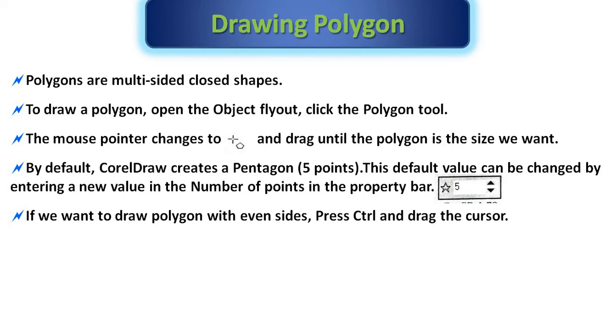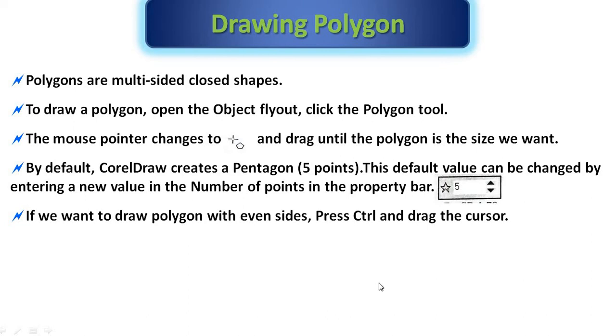By default, CorelDRAW creates a pentagon shape with 5 points. This value can be changed by entering a new value in the number of points box, which appears in the property bar. By clicking the up arrow and the down arrow, I can change the number of points.